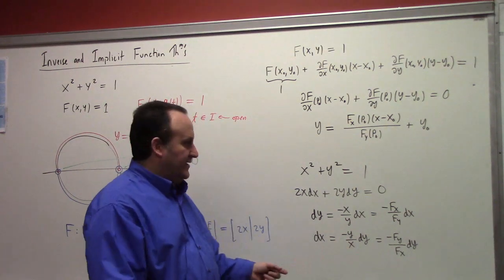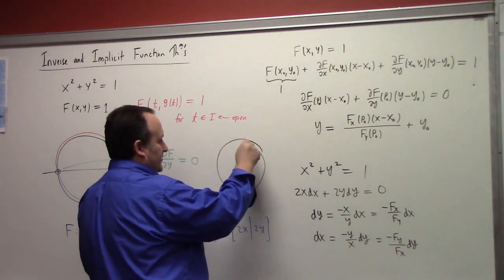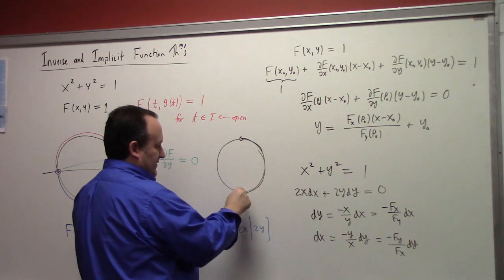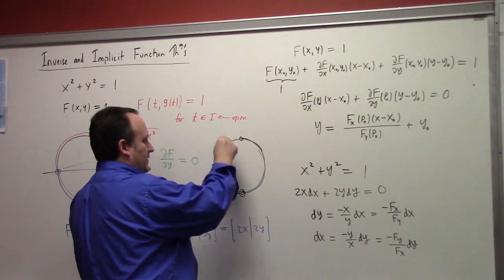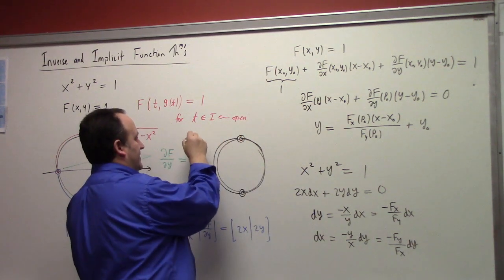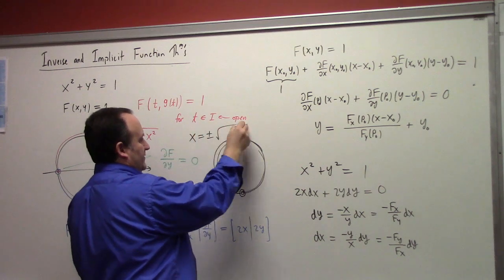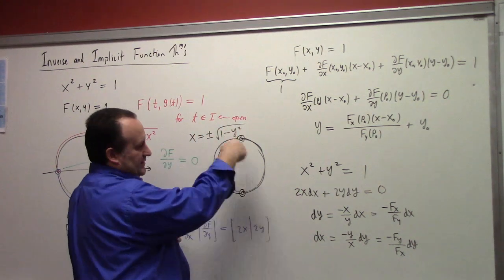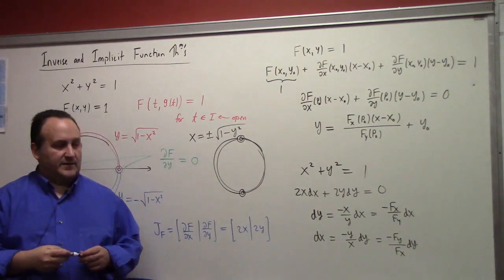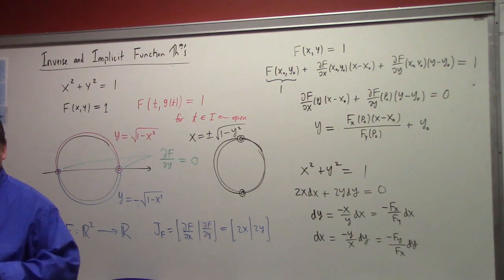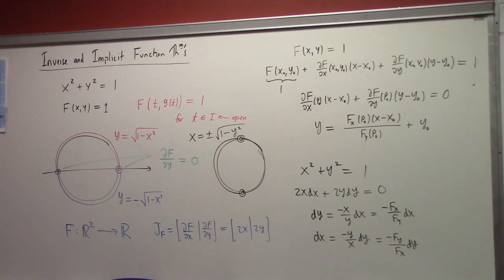We don't talk about this much, right? But the circle we could look at as either this or that, where you're solving for x equal to plus or minus the square root of 1 minus y squared. We can look at graphs in x and graphs in y just the same. And the same theorem holds: when partial f partial x is non-zero, you can solve for x.